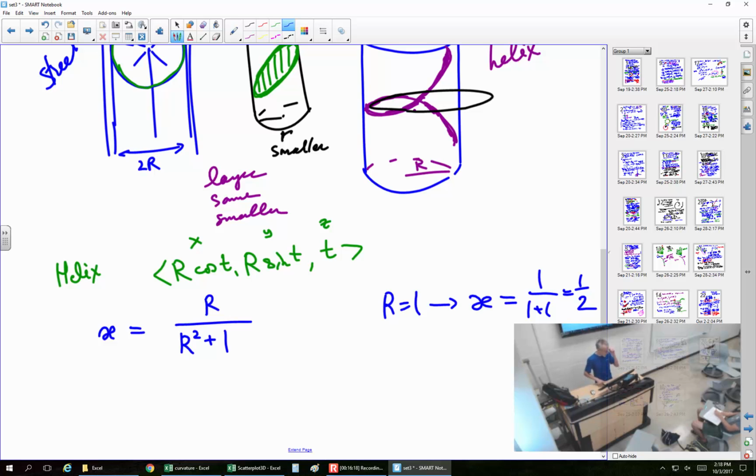You can see this is a slightly different approach: with this formula, it is the opposite. We are changing the radius while we keep the rate of ascent the same. And you can see if I keep increasing the radius, what's going to happen?